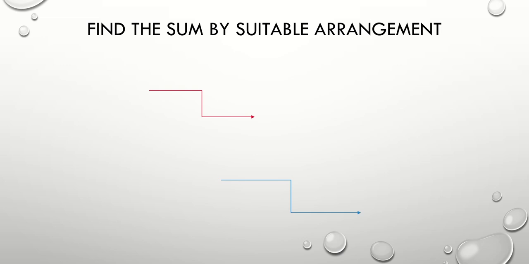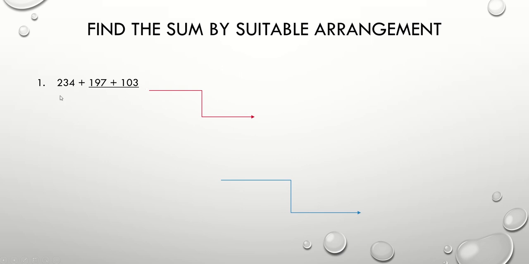Now we are taking some examples. First example is 234 plus 197 plus 103. You have to find the sum by suitable arrangement. You will not make the sum directly as you were doing in lower classes.